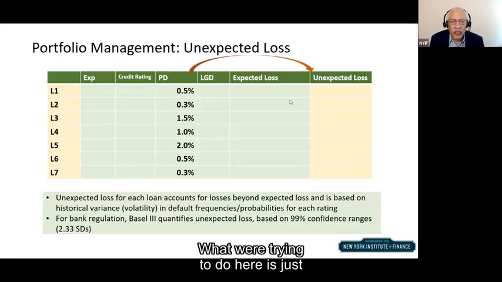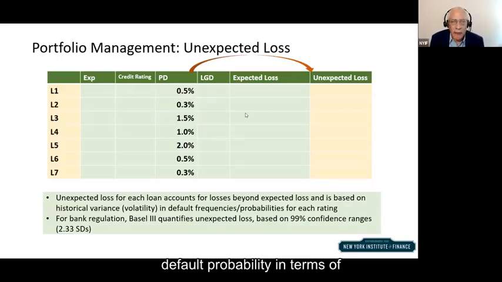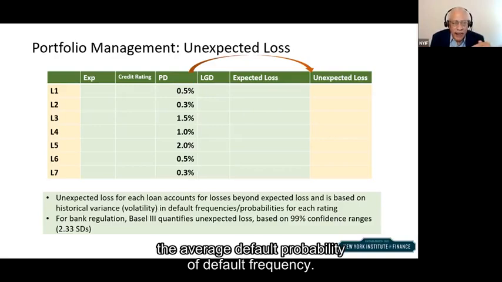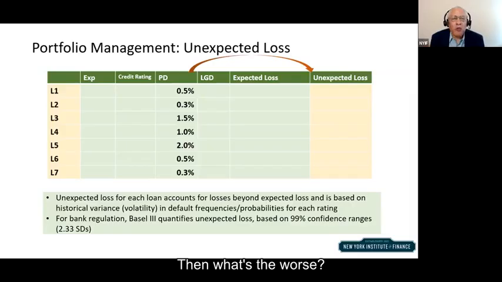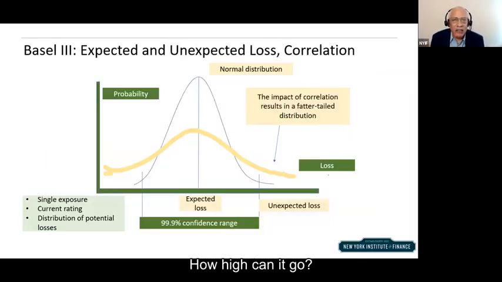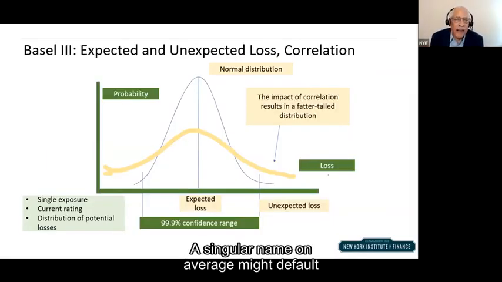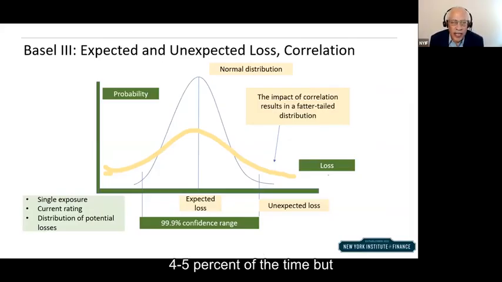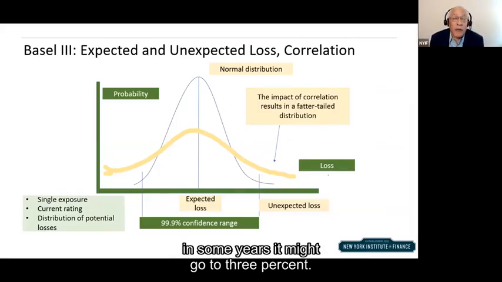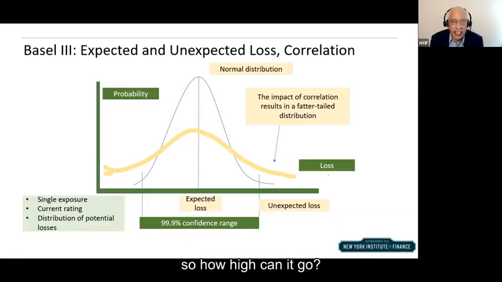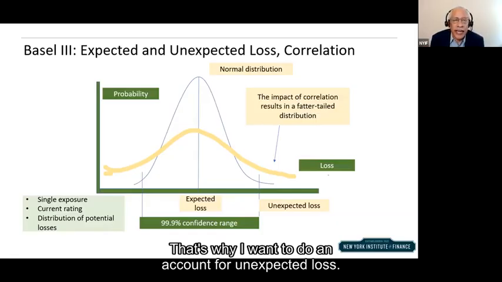What we're trying to do here is just understand the concept of default probability in terms of the average default probability, default frequency, and then what's the worst? How high can it go? A single A name on average might default 0.5% of the time, but in some years it might go to 3%, and some years it might go down to 0%. So how high can it go? That's what I want to do when I account for unexpected loss.